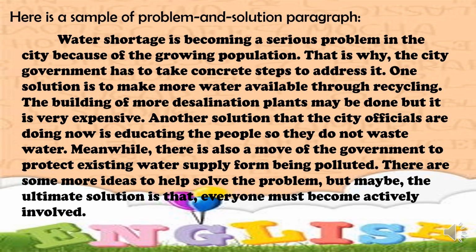Another solution that the city officials are now doing is educating the people so they do not waste water. Meanwhile, there is also a move of the government to protect the existing water supply from being polluted. There are some more ideas to help solve the problem, but maybe the ultimate solution is that everyone must become actively involved.